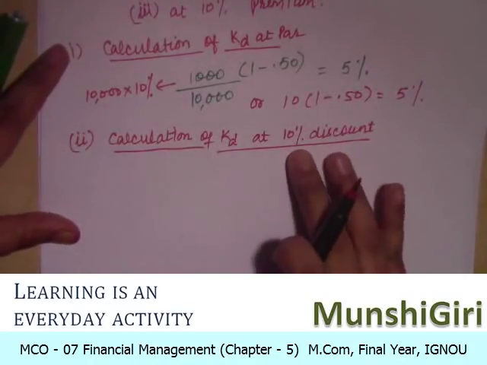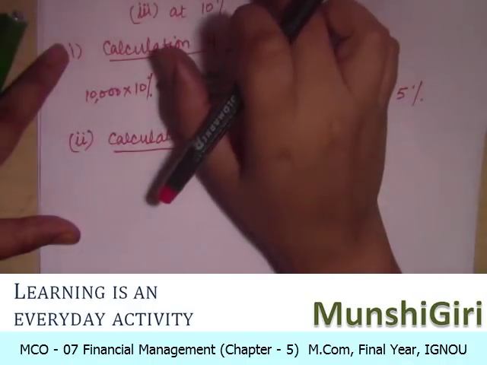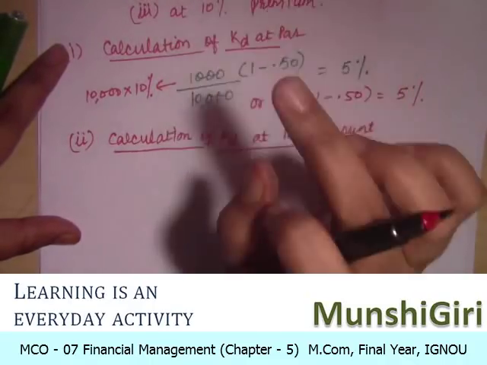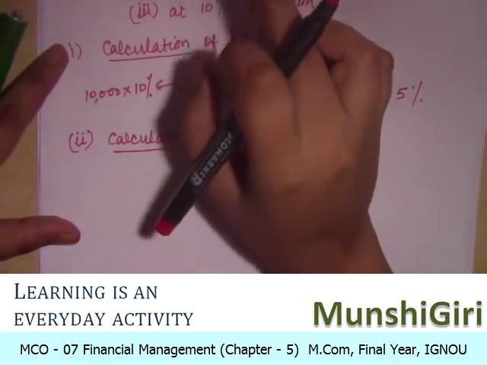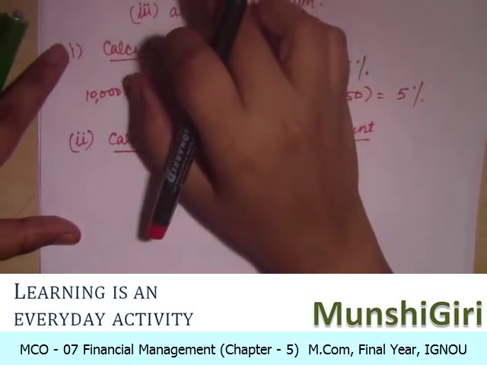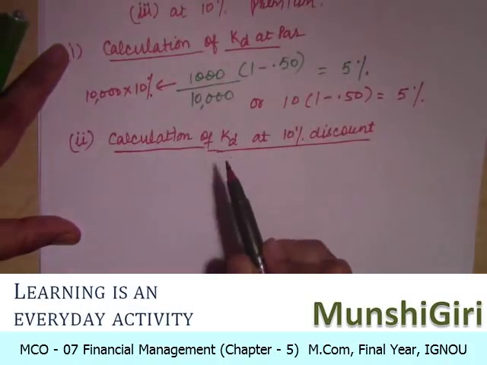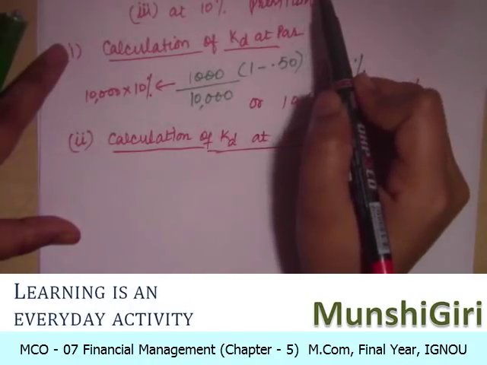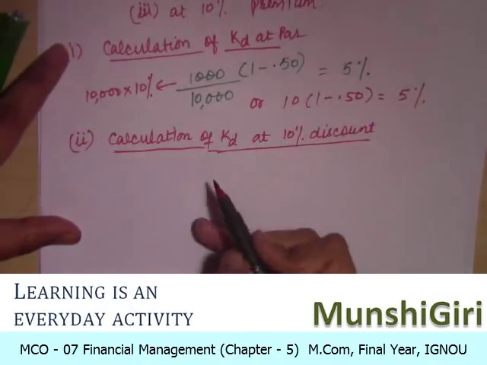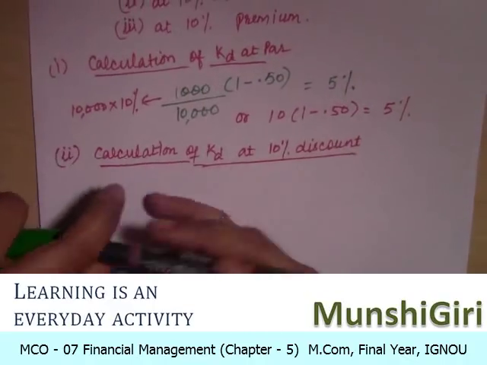So what this 10% discount means is the company will pay 1000 rupees as an interest component. However, it will receive 9000 rupees and not 10,000 rupees from the public. That is, the net proceeds the company will receive is 9000 because these are issued at 10% discount. So interest in this case will be 1000 only.